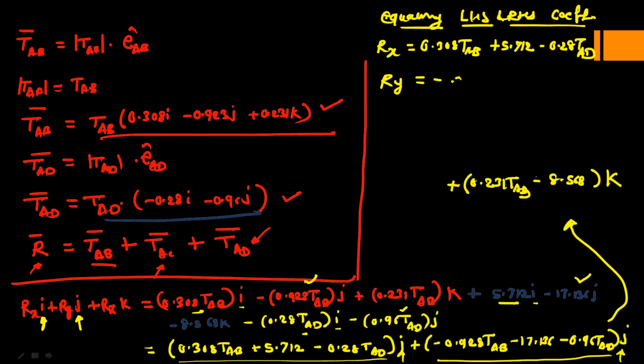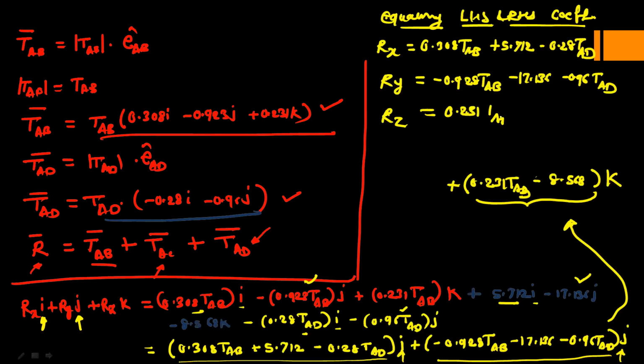So Ry is equal to minus 0.928 tension AB minus 17.136 minus 0.96 tension AD, and Rz is the coefficient of K. So this is the complete coefficient of K on the right hand side, 0.23 tension AB minus 8.568.